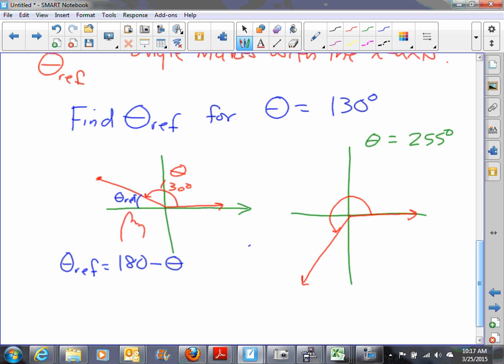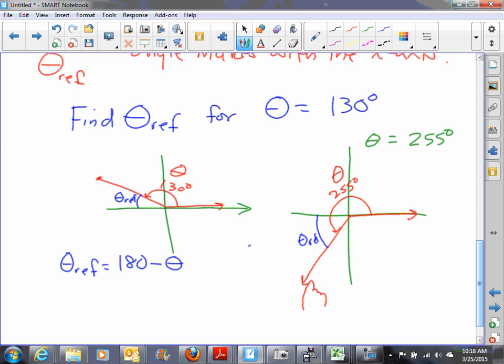Now, this whole angle right here, 255 degrees, is theta. Here is the terminal ray of the angle. Now, the positive acute angle that this ray makes with the x-axis is this angle right here. So this would be theta ref.